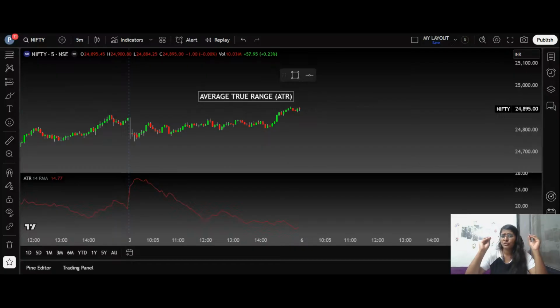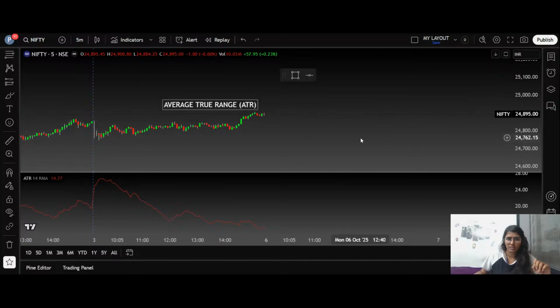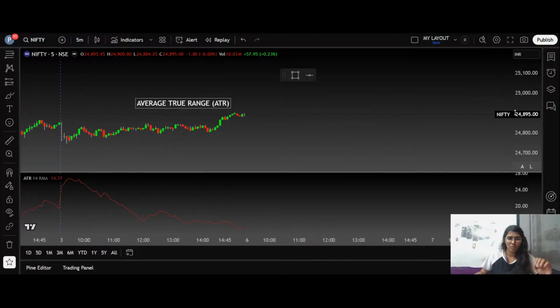Average true range is a volatility indicator to measure how much an asset typically moves on average over a given period of time. Which means we have to see how much, on average, a single index moves in a given period of time. We measure this with some process.